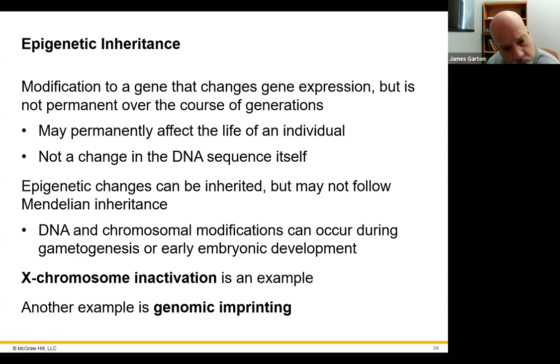Now, these chromosome modifications can occur during gametogenesis, or they can occur early in development. An easy example in mammals is X chromosome inactivation. Another example is what they call imprinting.